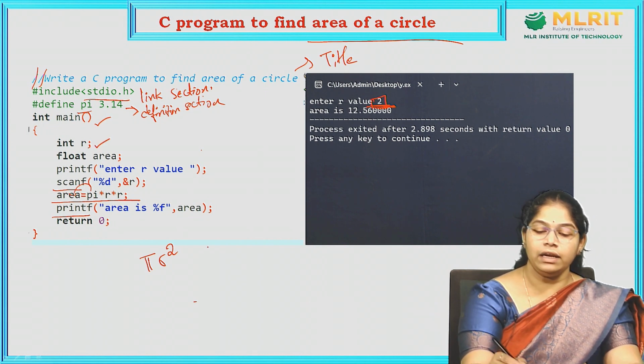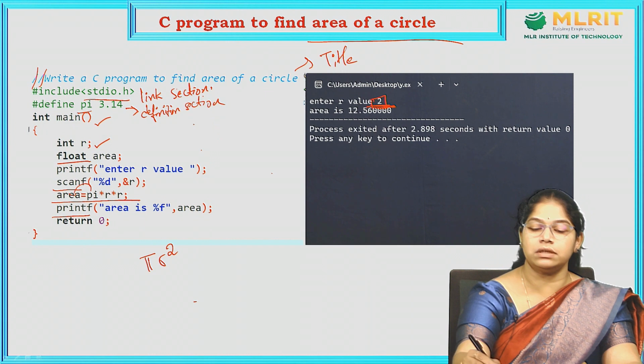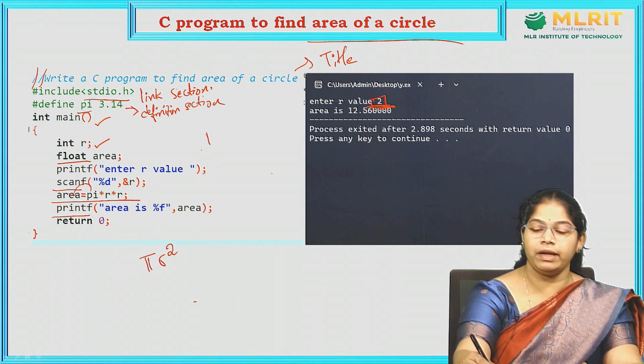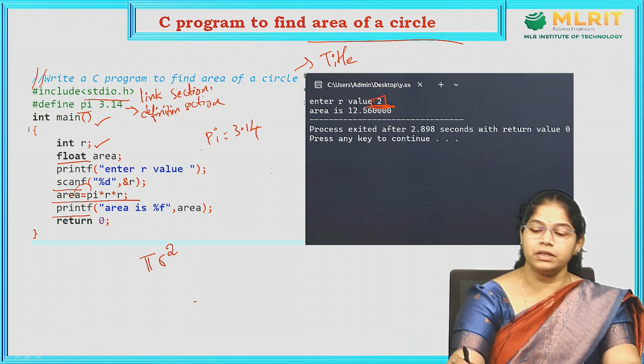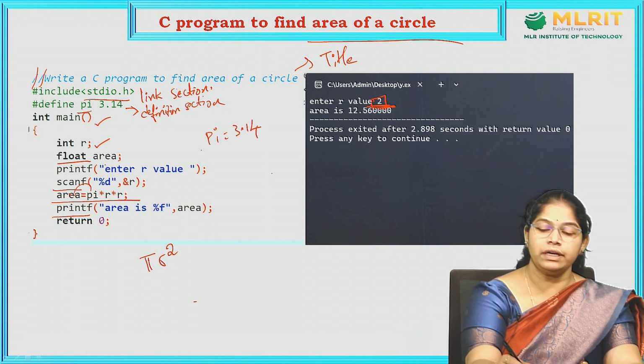Then I declared area as float, because the area of a circle formula is pi r square, where the pi value is 3.14, which is a float decimal point. So the output will be a decimal value, so I declared area as float.